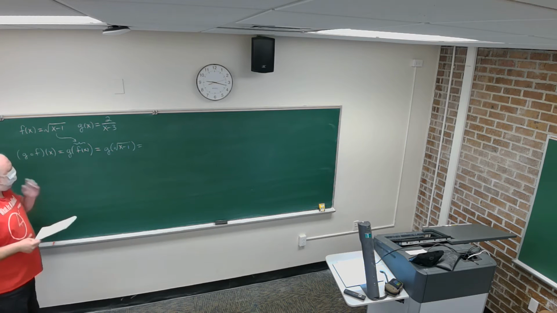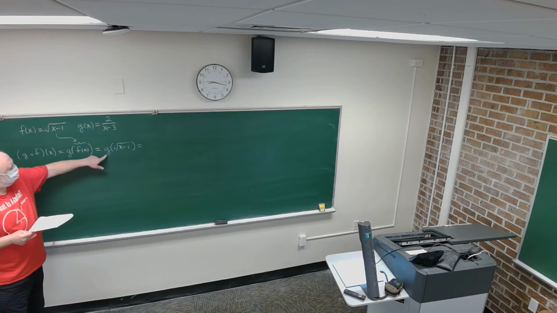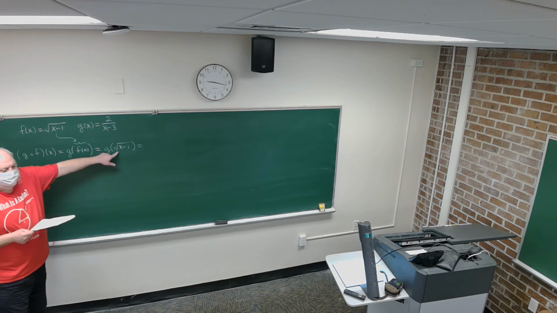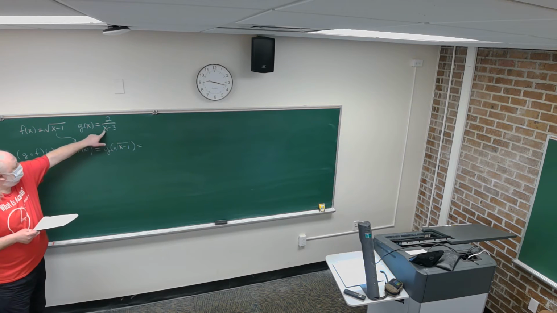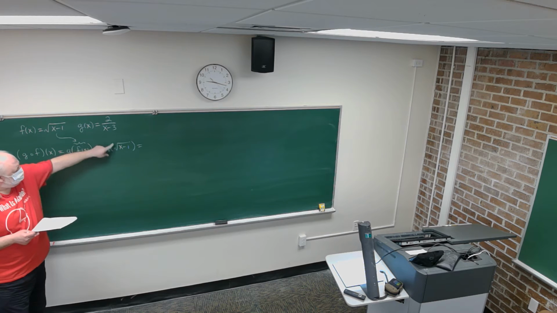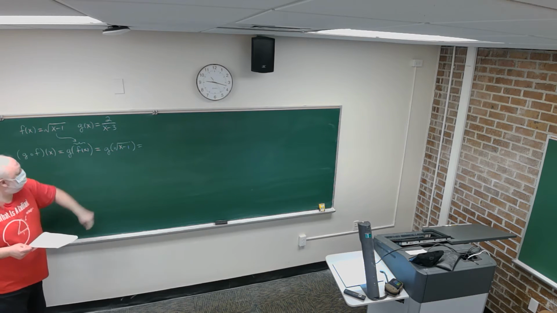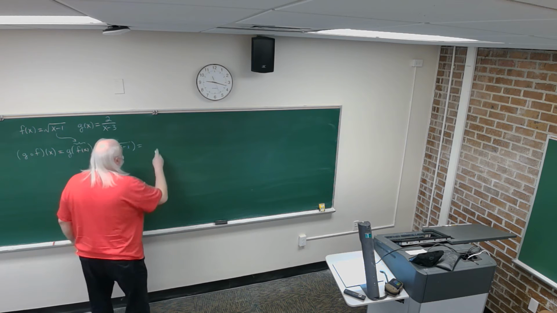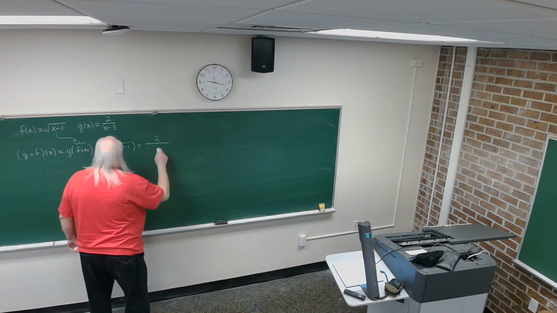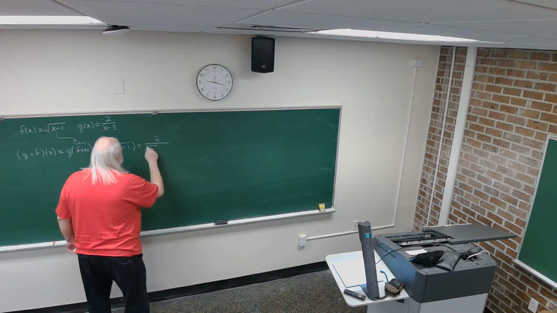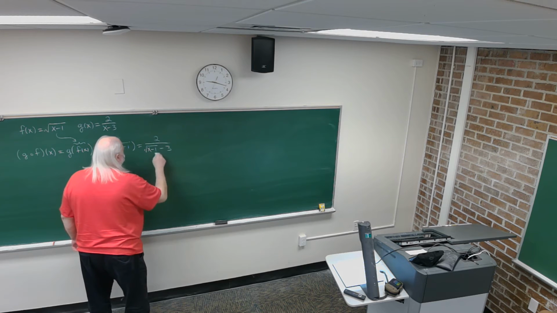And now we evaluate function g at square root of x minus 1. So on the right hand side of g of x up here, we just replace x with square root of x minus 1. And we have 2 over square root of x minus 1 minus 3.